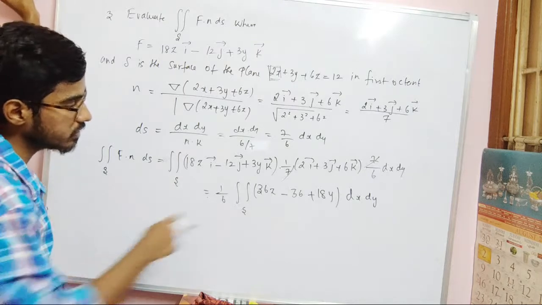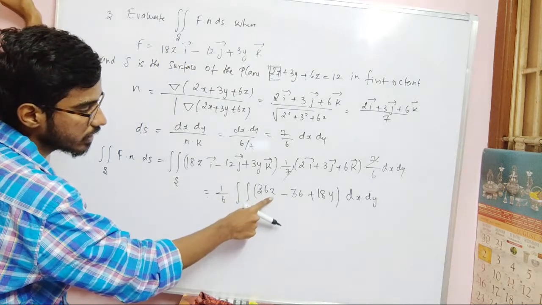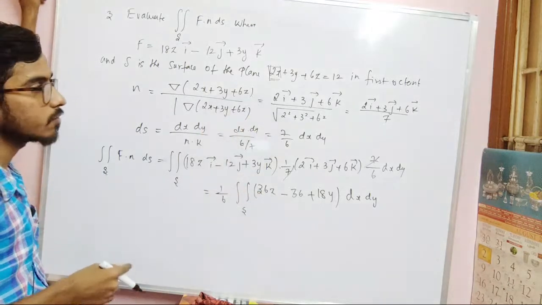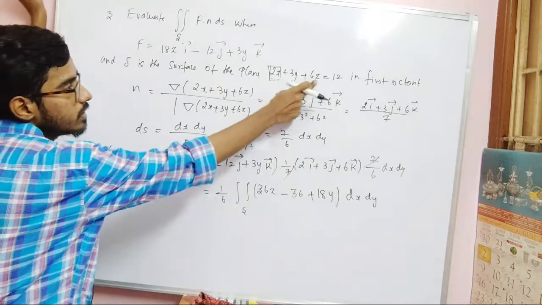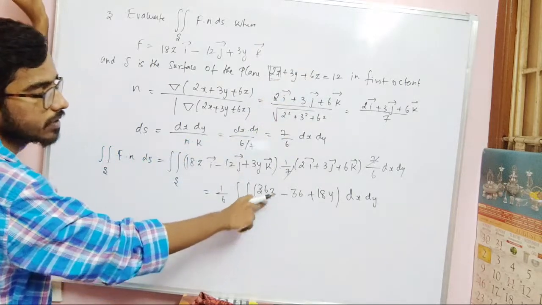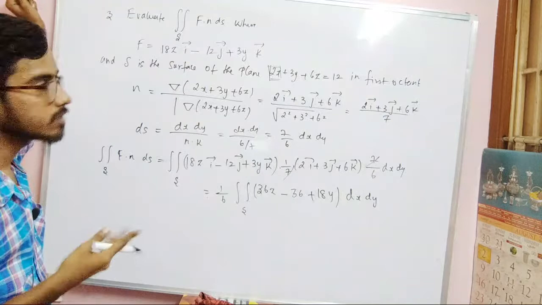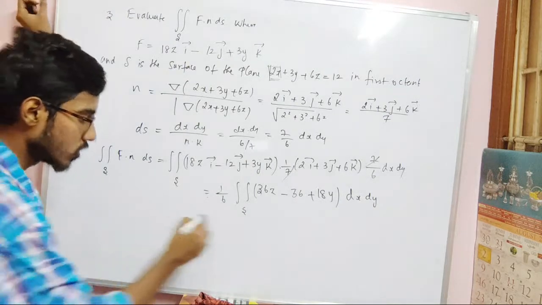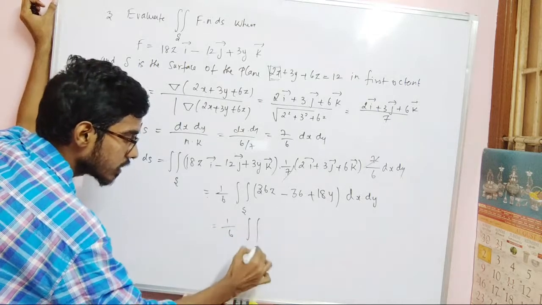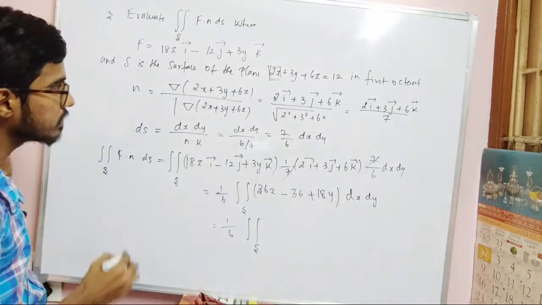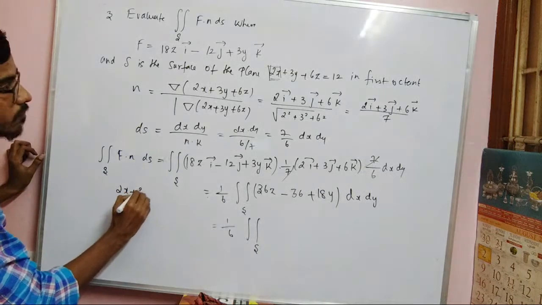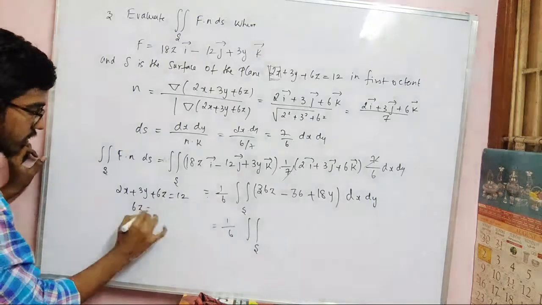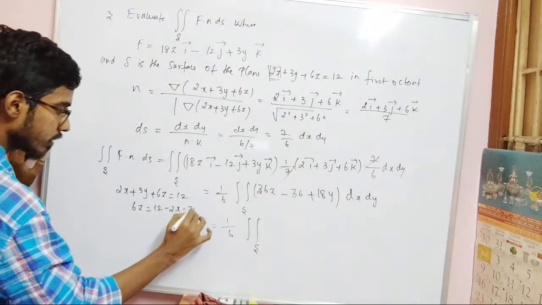Now again you can see this integral does not contain z, so we need to convert z in terms of x and y, and then we need to find the x limit and the y limit. The x limit is clearly 0 to 6. The y limit we need to find. So this will be 1 by 6 double integral over s. In place of z, we have 2x plus 3y plus 6z is equal to 12. That means 6z is equal to 12 minus 2x minus 3y.